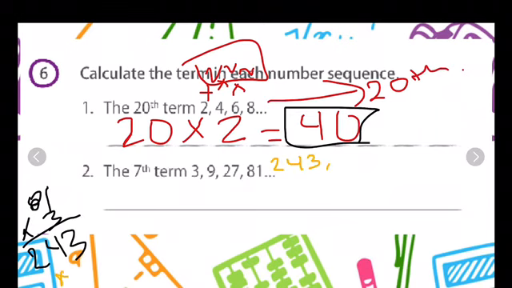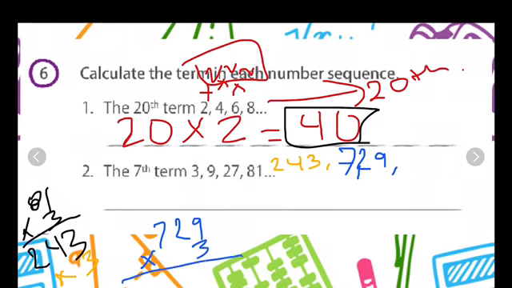243 times 3 will be 729. 729 times 3, how much will it be? This is your result, 2187. Why is this my result?